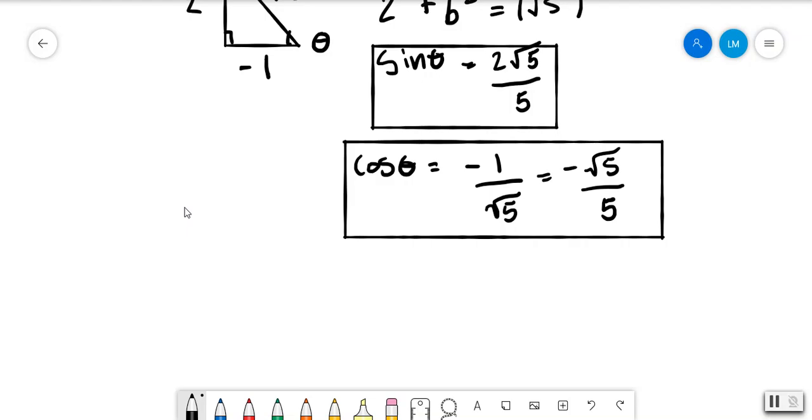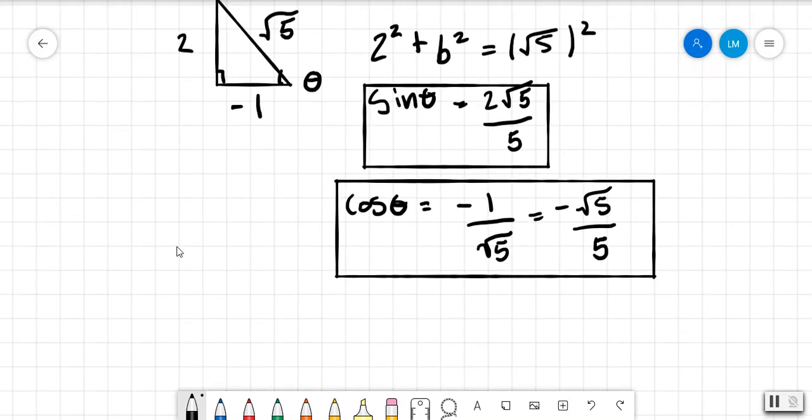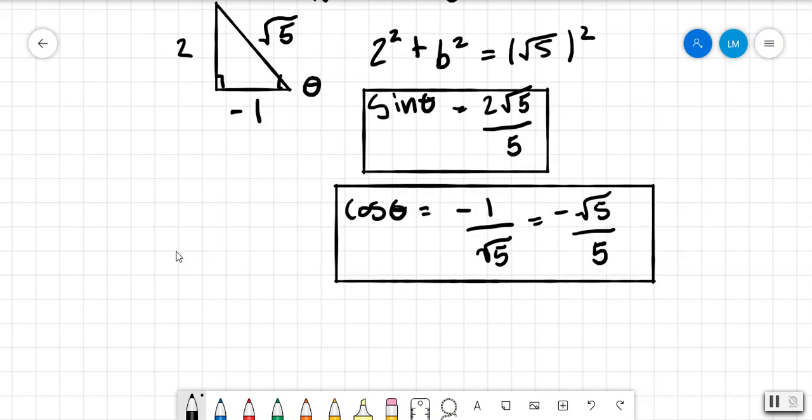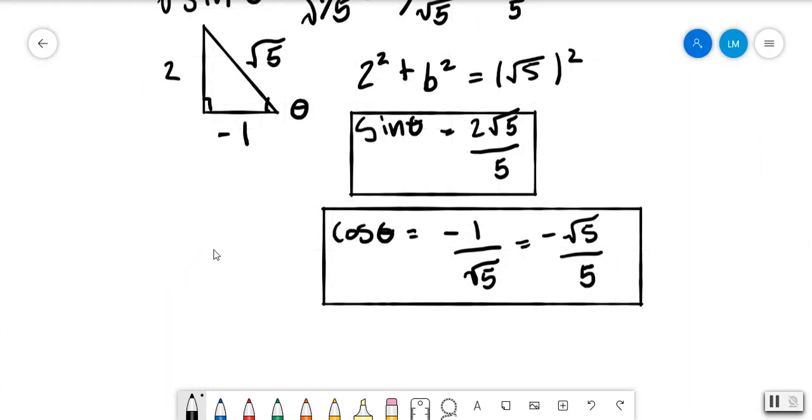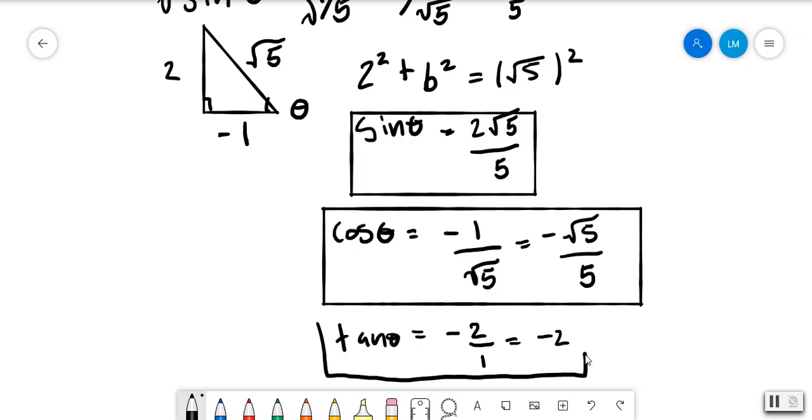Now we can either find the ratio of the two, but I don't think it really matters. Because we can see the diagram from here, tangent of theta is going to be basically negative 2 over 1, and that's negative 2. So we've got the tangent of theta is equal to negative 2.